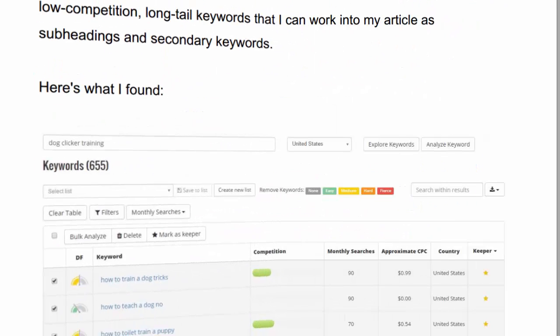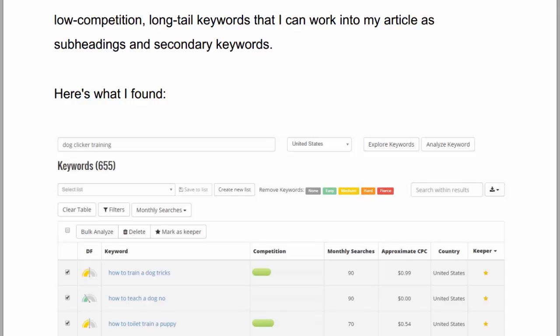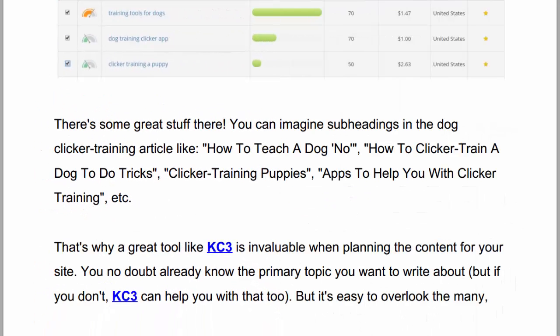That gives me the low competition, long tail keywords that I can work into my article as subheadings and secondary keywords. When I did that, I found some great secondary keywords using the Keyword Explorer. Things like how to teach a dog no, how to clicker train a dog to do tricks, clicker training puppies, and apps to help you with clicker training.